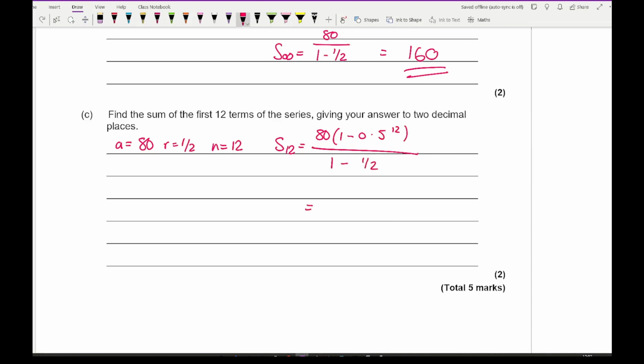Typing that into my calculator, I get an answer of 159.960937, which rounded to 2 decimal places is 159.96.